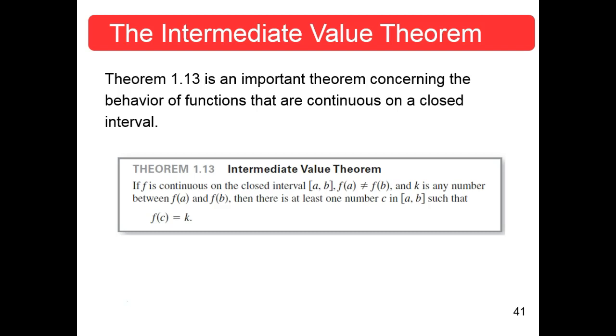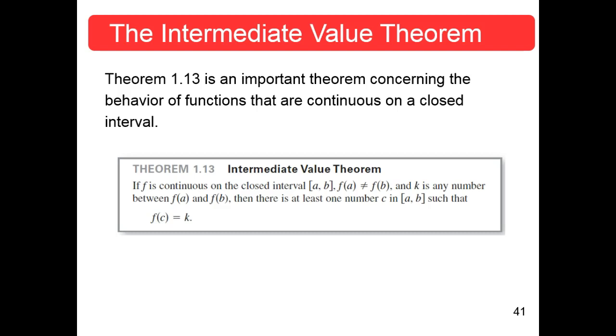Here is the intermediate value theorem. It's an important theorem concerning behavior of functions that are continuous on closed intervals. Intermediate value theorem: if f is continuous on the closed interval from a to b, that means f is continuous at a, at b, and everywhere in between.